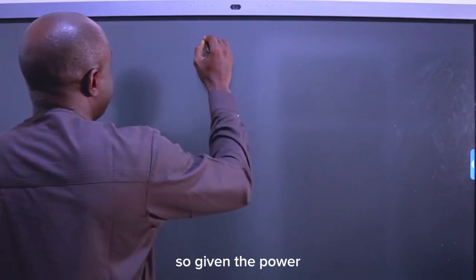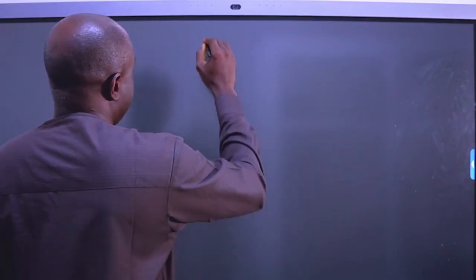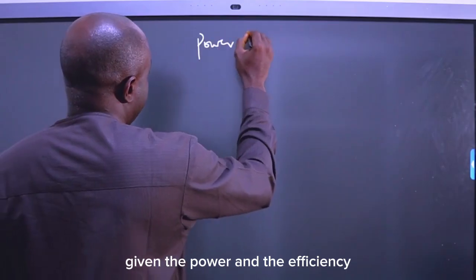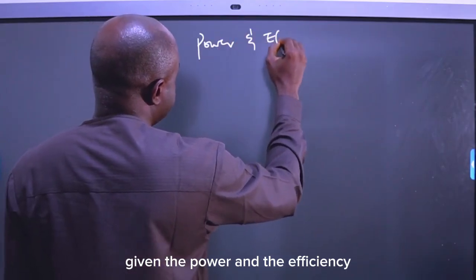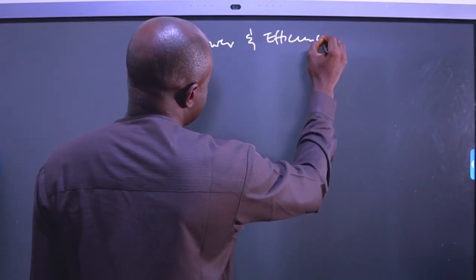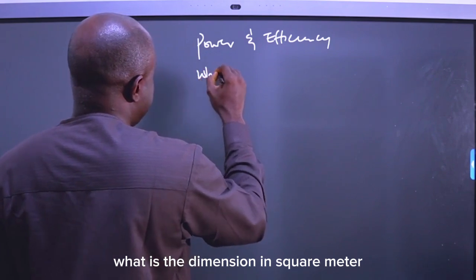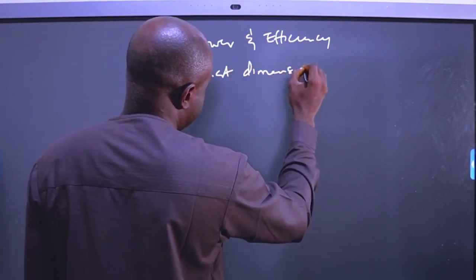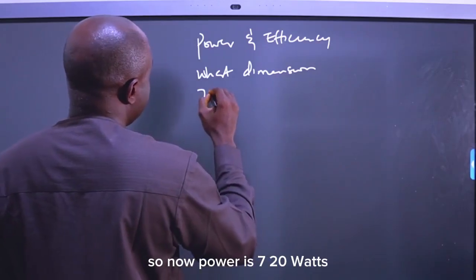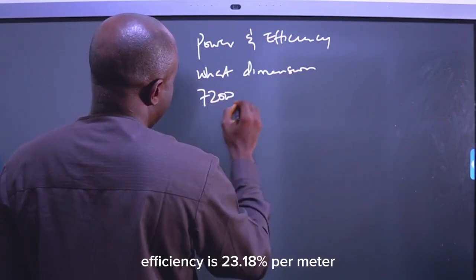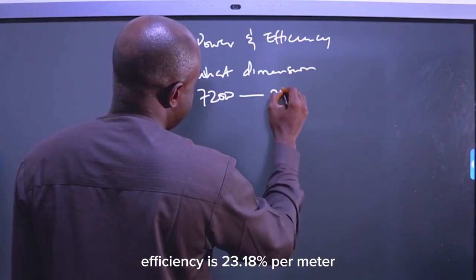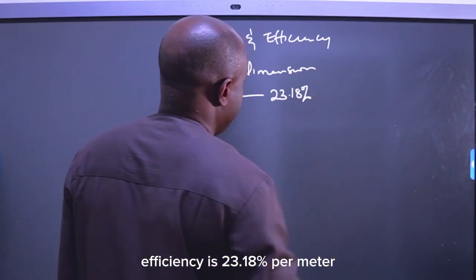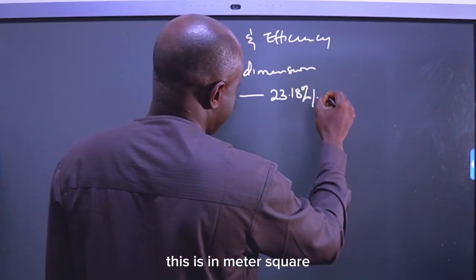So, given the power, 720 watts, and the efficiency, 23.18% per meter square, what is the dimension in square meter?